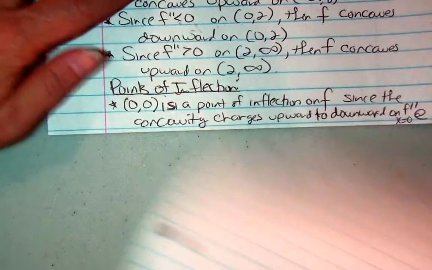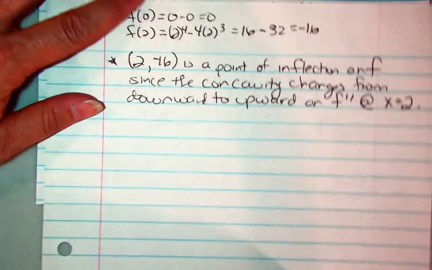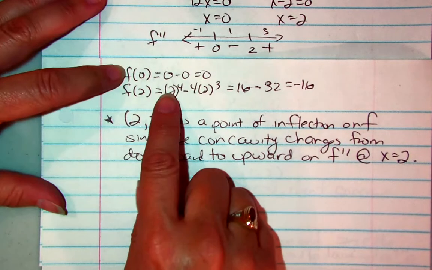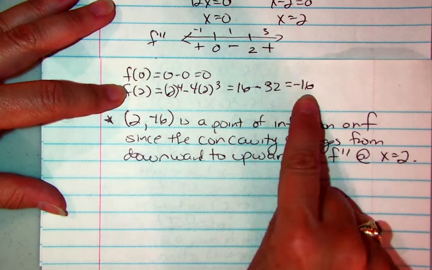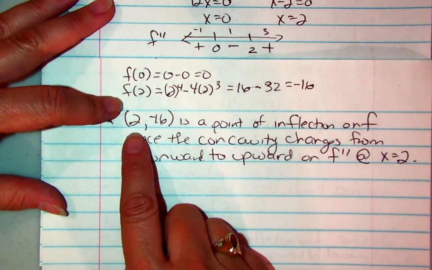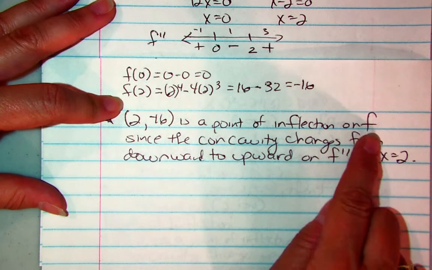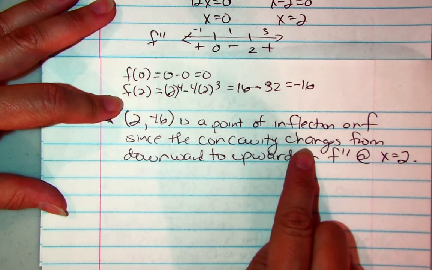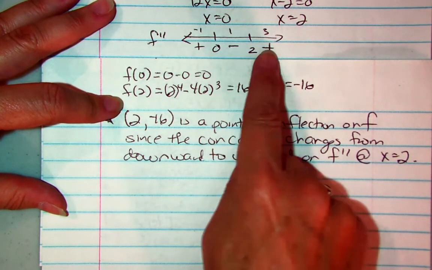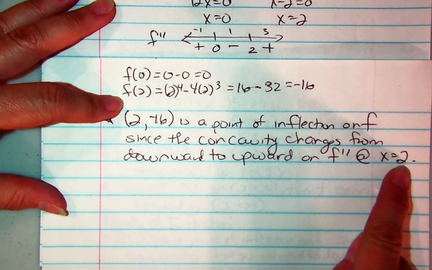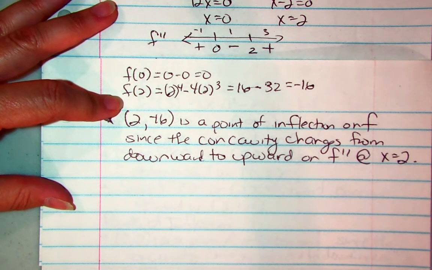I'm not done. We'll scoop these together, and that's where I evaluated it. So I evaluated the 2. Now the ordered pair 2, -16 on f is a point of inflection since the concavity changes from downward to upward on f double prime at x equals 2.